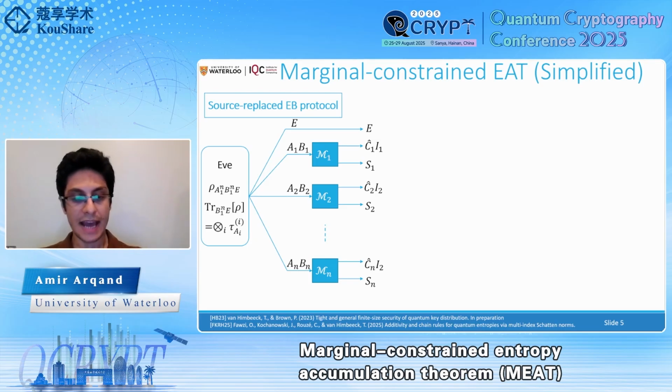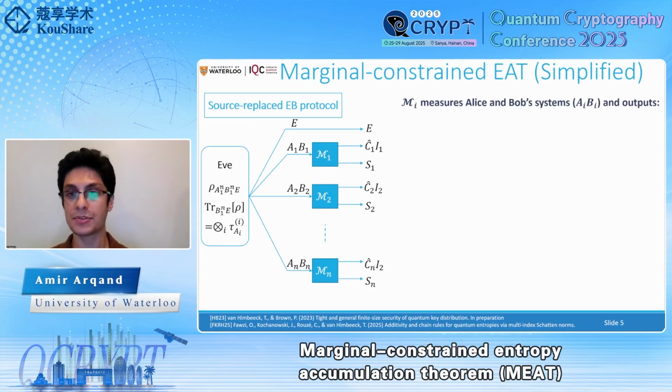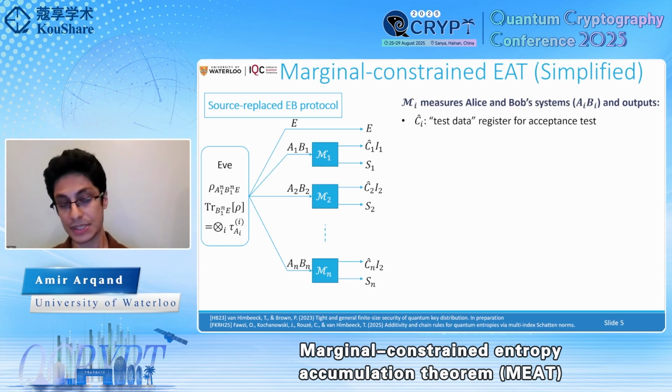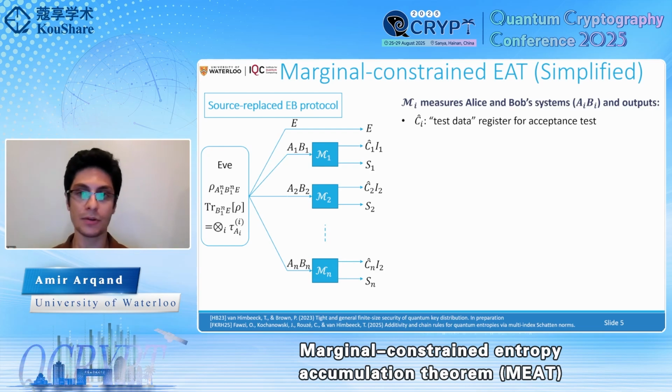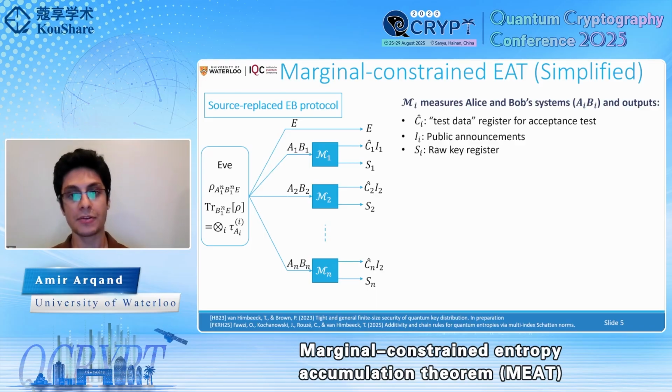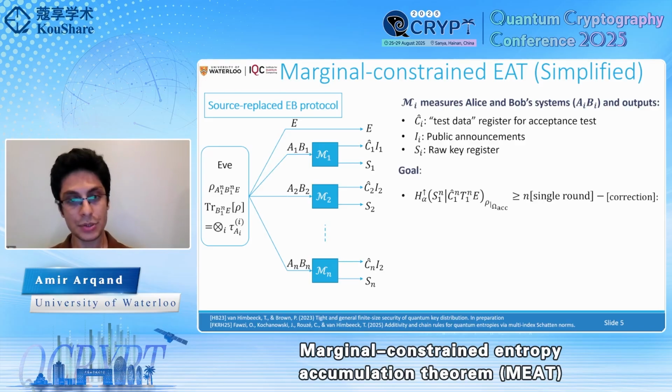Each round of the protocol is described by one of these M channels, which measure Alice's and Bob's registers and output three different registers: test data, the C registers, which are going to be used for acceptance tests, a public announcement register, and a raw key register. The goal here is to bound the global conditional entropy conditioned on the protocol being accepted.